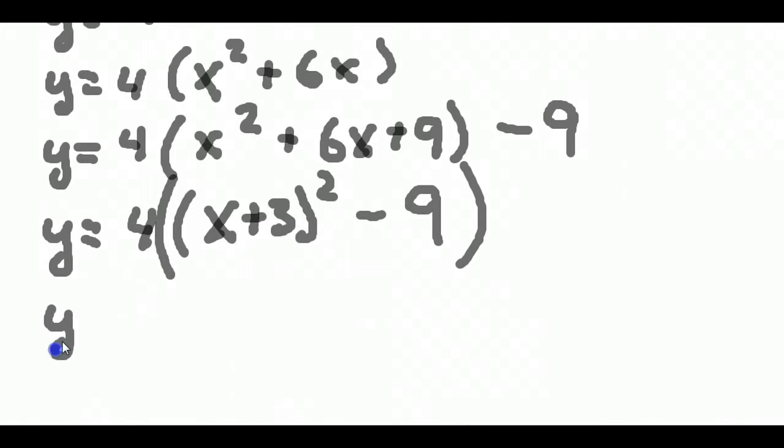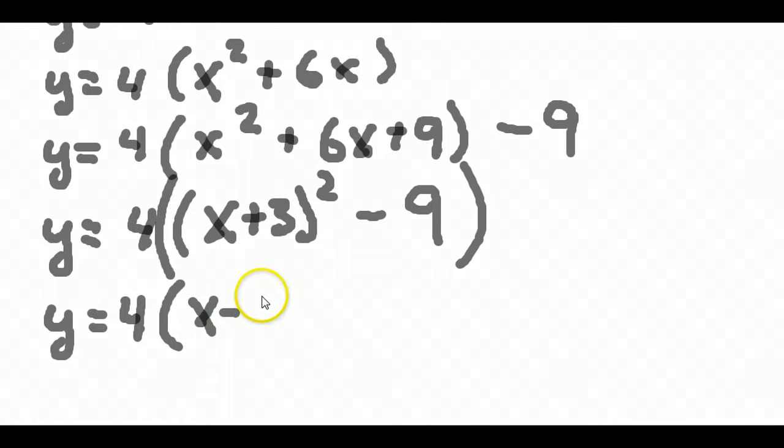So we'd have y equals, and we're going to distribute this 4, but we're not going to distribute to everything inside the parentheses. We're just going to leave it outside of it. So we get y equals 4 open x minus a negative 3. So I have x minus open paren, negative 3, close paren squared.